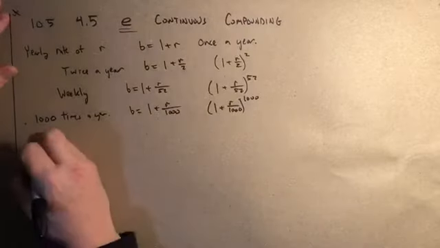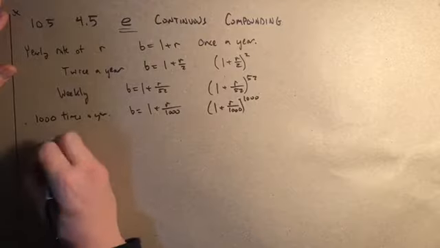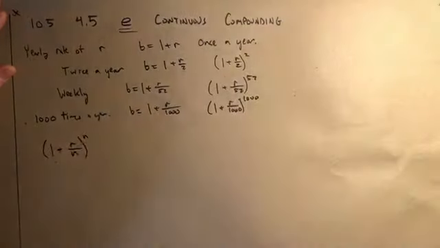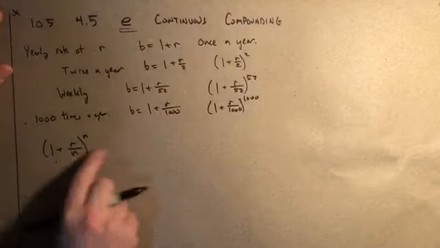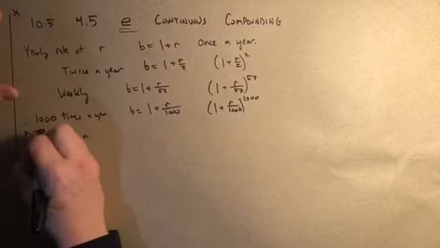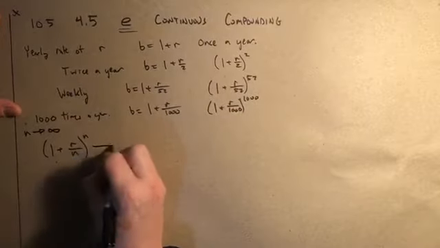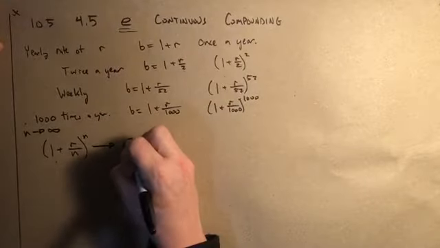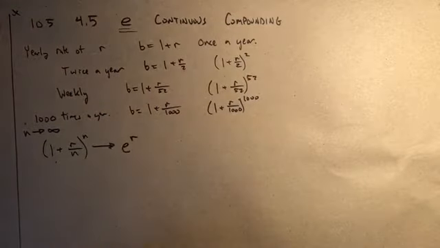If I take this 1 plus r over n raised to the n, where n is the number of compounds I'm going to do a year, and n goes to infinity, then this terrible thing goes to e to the r.